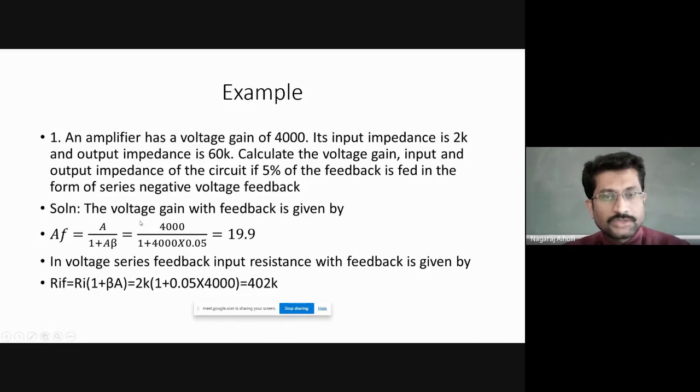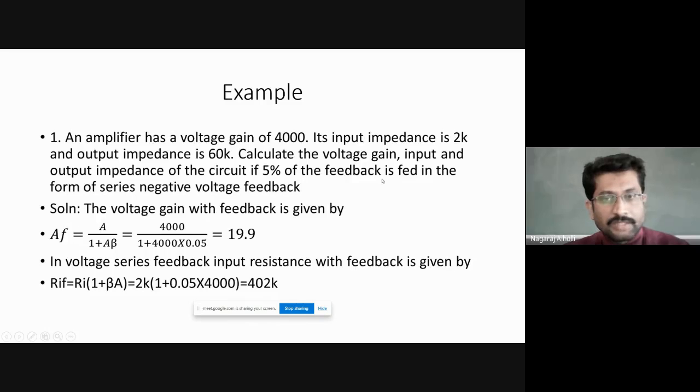Substitute the values: 4000 divided by 1 plus 4000 into 0.05. 5% of 100 is 0.05. This will be 19.9. Just verify your answers. Is it correct? Yes, sir. Okay, fine.